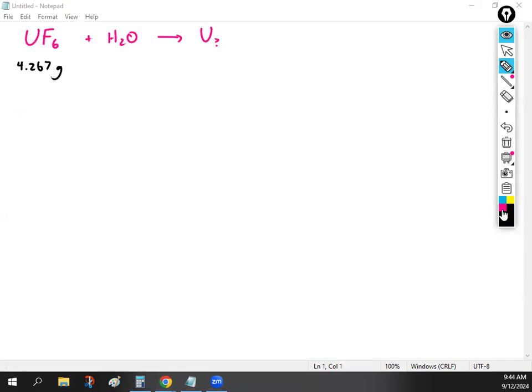What we're going to do now is find the mole fraction of fluorine inside of UF6, and that's going to allow us to figure out how much fluorine we have in total. That way we can figure out how it's separated into the other two compounds.